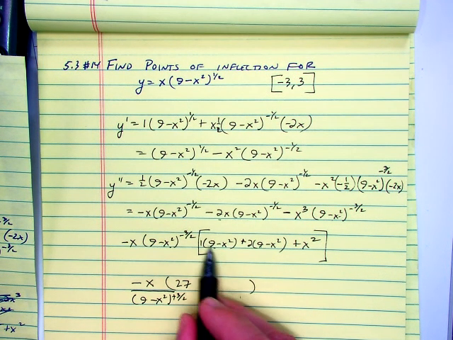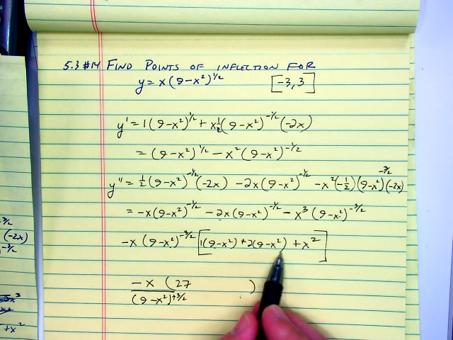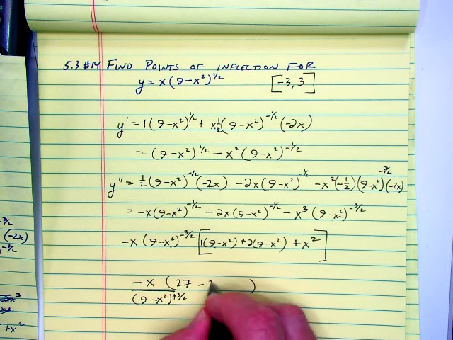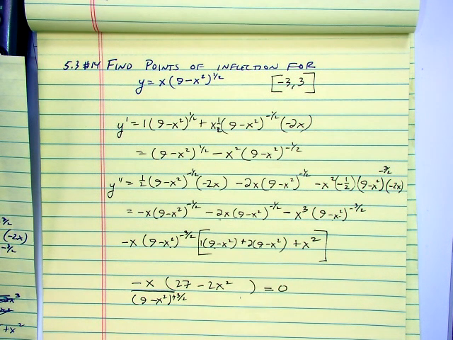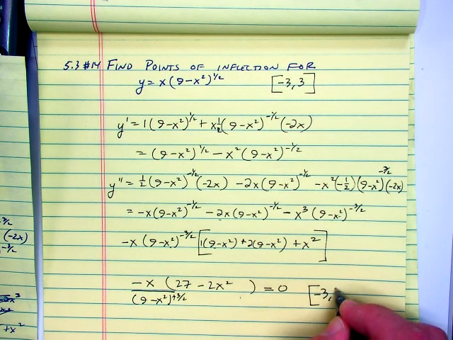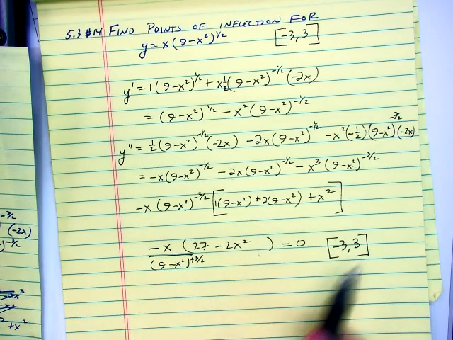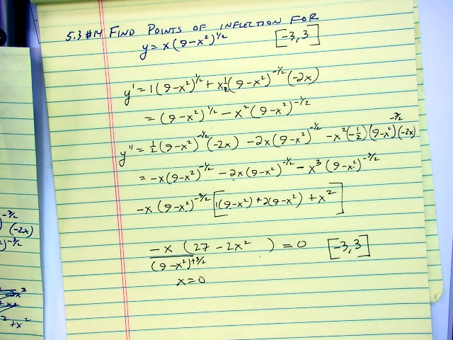I have a -x squared, a -2x squared is -3x squared. Okay, plus an x squared is -2x squared. And we need to find out where that equals 0. But we are only considering it, if you remember, on this interval. Okay, so I get one, it's equal to 0 when x is 0. And that one's pretty obvious.